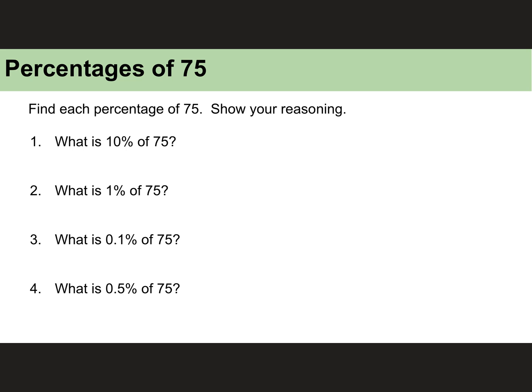Find each percentage of 75 and show your reasoning. The first question, what is 10% of 75? So 10% of 75 really just means 75 times 10%. First, I want to change this 10% into a decimal. 10% means 10 per 100, which I can simplify into 1/10, which is the same as the decimal 0.1.